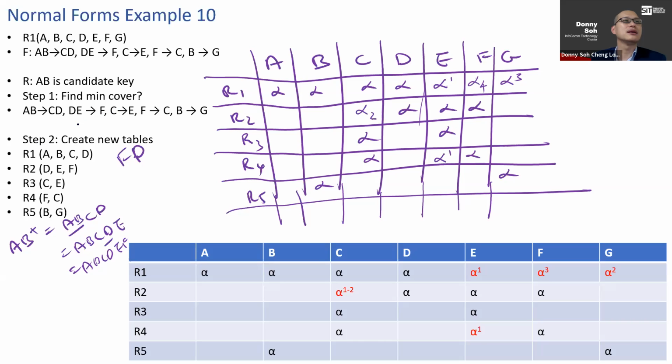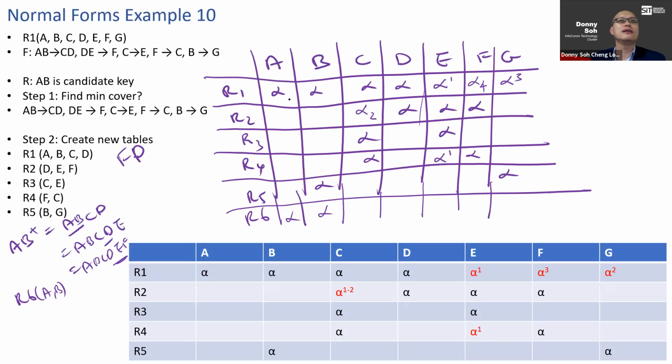DE implies F. Yep. So I will have a table R6, AB, R6. And this will give me alpha here.